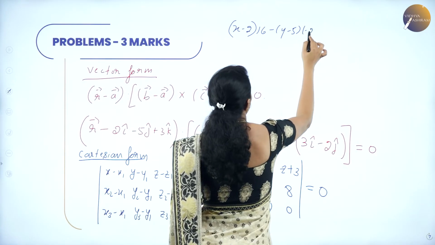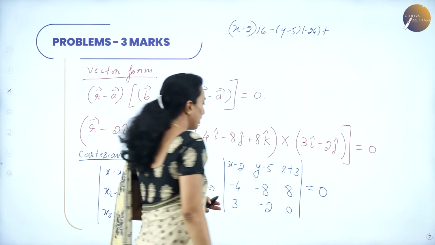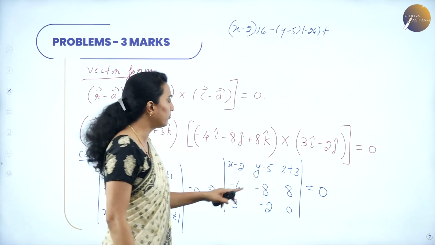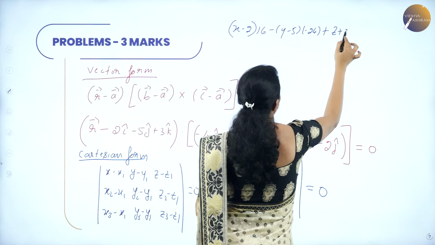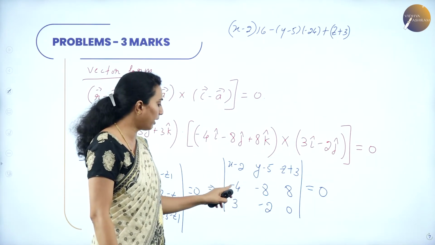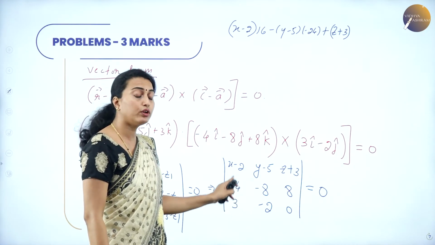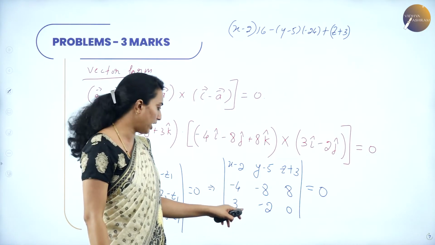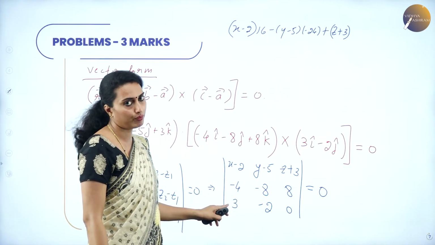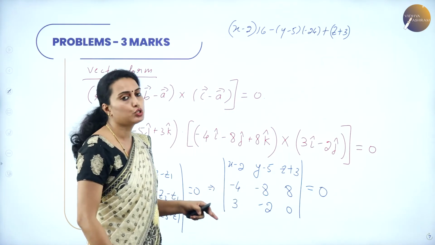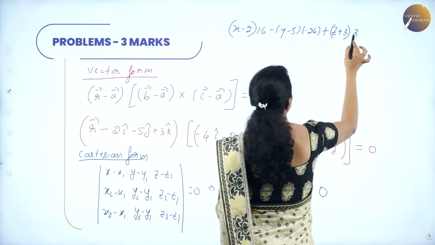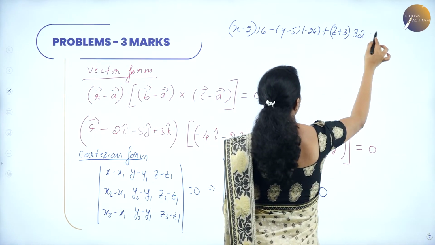So minus 24 plus, now leaving the third column first row, (z plus 3) into minus 4 into minus 2, which is plus 8, minus, already one minus sign is there. So 8 3s are 24. So 8 plus 24 gives you 32, right? So 32, which will be equal to 0.